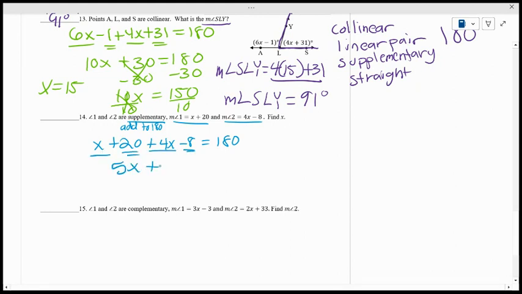Five x plus 12. When you divide 168 by 5, you will end up getting 33.6.